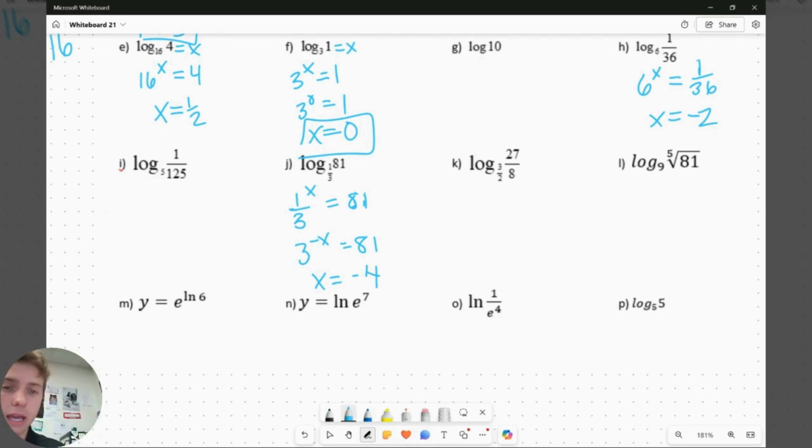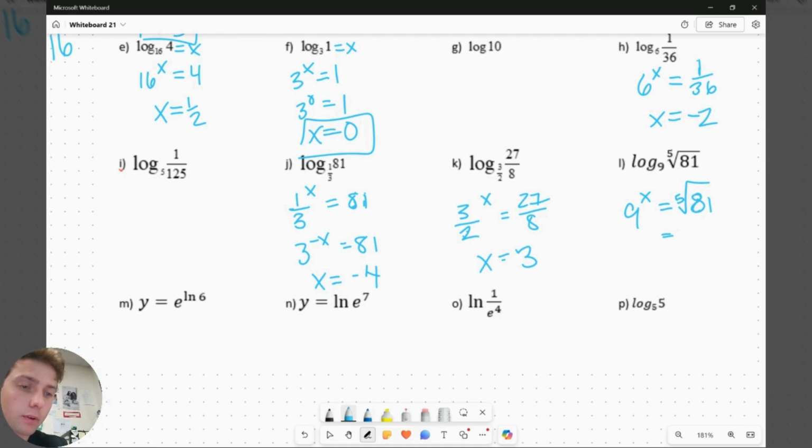k and l are both good problems. 3/2 to some power equals 27/8. Well, if you raise 3 to the 3rd and 2 to the 3rd, you would get both 27 and 8 there. And l, another good one. 9 to what power equals the 5th root of 81?